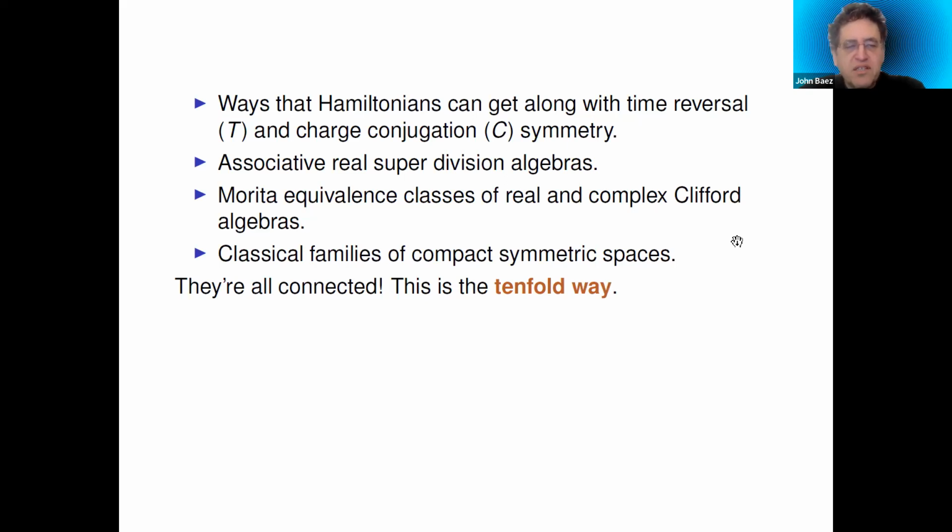That was brought in by the topologist C. T. C. Wall in 1964.